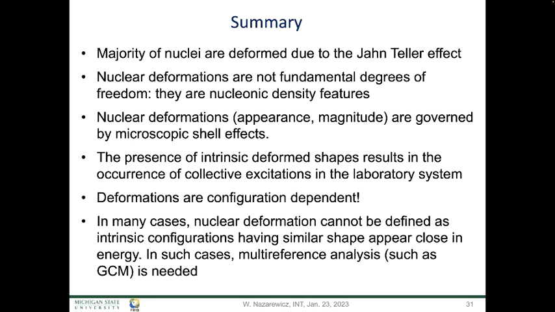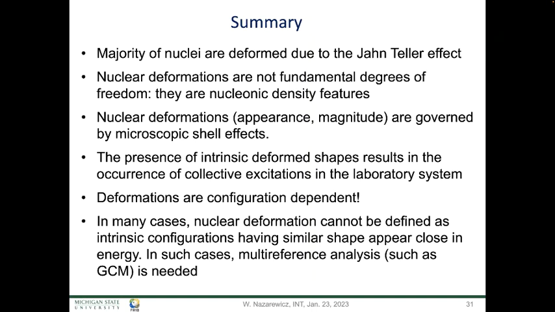Okay, so this is the last point. This is really a warning: in many cases, nuclear deformation cannot be defined as intrinsic configurations having similar shapes appear close in energy. In such cases, multi-reference analysis, such as GCM, is needed, okay?